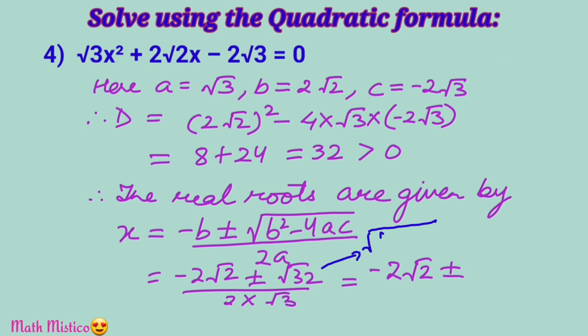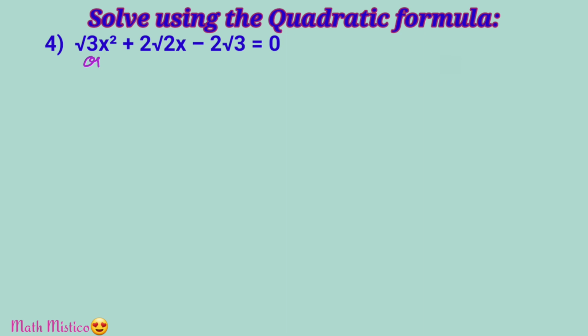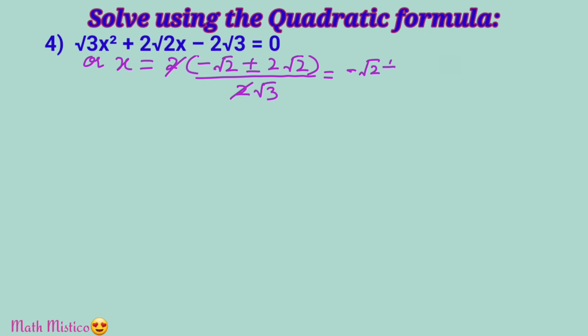32 can be expressed as 16 into 2. 16 being a perfect square comes out of the root and we get 4 root 2. As the factor 2 is present in all the terms, we can take it common. So we have 2 into minus root 2 plus minus 2 root 2 upon 2 root 3, which is equal to minus root 2 plus minus 2 root 2 upon root 3.